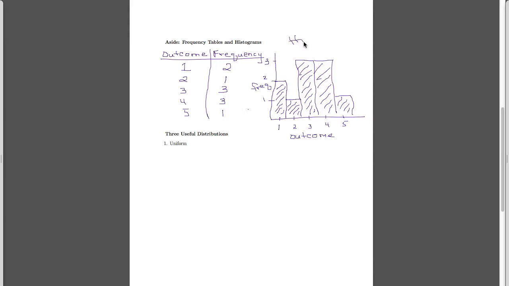Like I said, it looks a lot like a bar graph. I said there were 2 important differences. First difference is that we're using quantitative or numerical values along the horizontal axis. So, for instance, our outcome here couldn't be like red hair, brown hair, black hair, etc. That would be a bar graph. Second important difference is that notice how I put the bars right next to each other with no gaps in between.